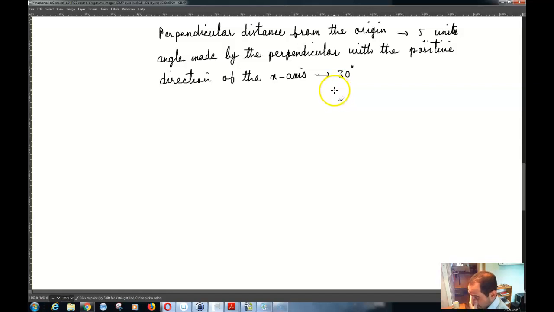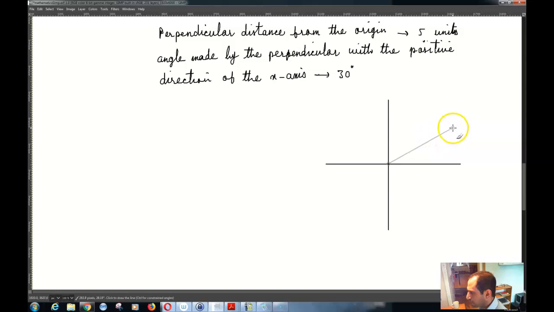To understand the situation, let's say there is a perpendicular from the origin, and the angle that this perpendicular makes with the positive direction of the x-axis is 30 degrees.